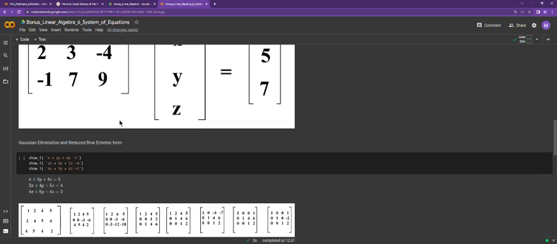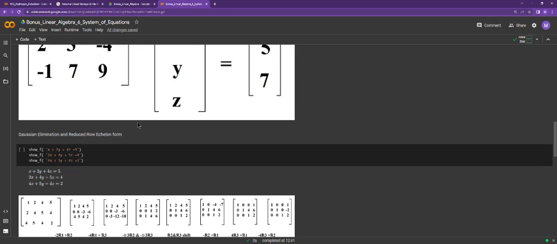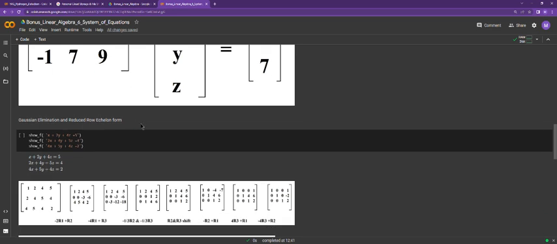Just as a reminder, we perform operations row-wise on the row elements of these matrices so that we can get into a reduced row form.